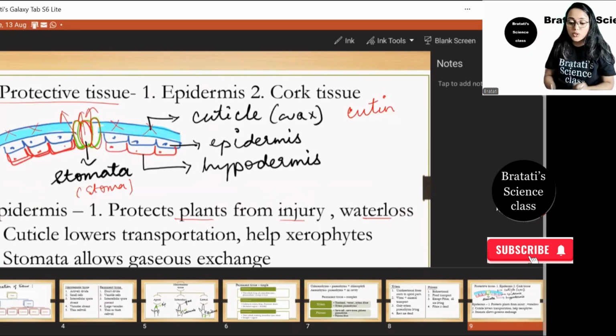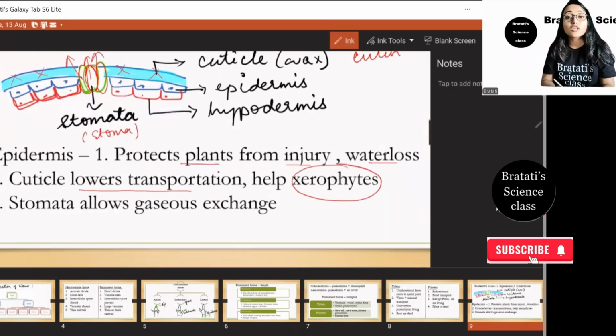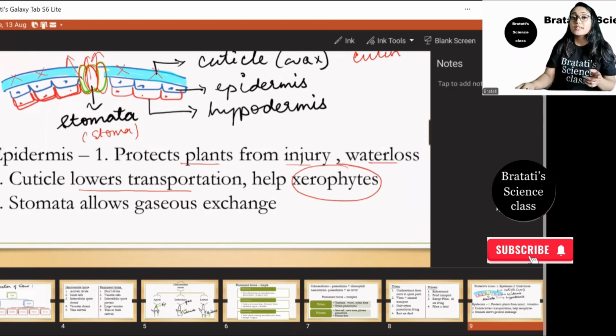Now we are moving to the cuticle. The function of cuticle is that it lowers the transpiration, mainly for the xerophytes. Xerophytes are those desert plants, like cactus and date palms. Those are found in the desert. They already have a small amount of water, and how do they store it? You must know this. They store it in the stem, the fluffy stems.